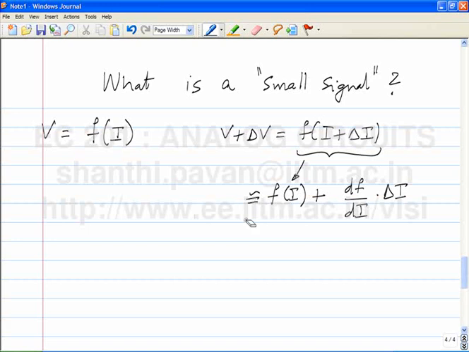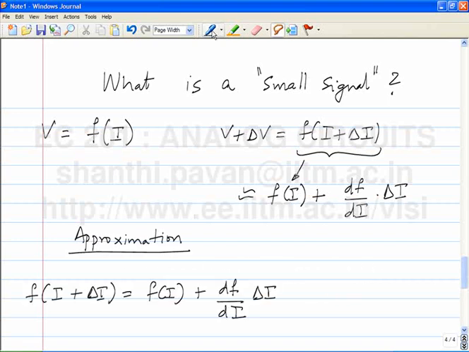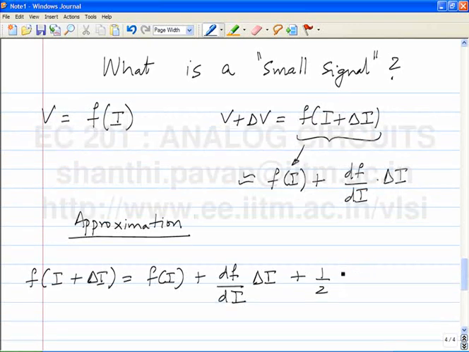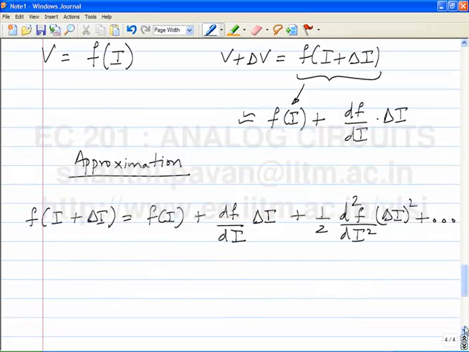So we have approximated this as the following. This is only true with this approximation. So what is it in reality? What is f of I plus delta I? It is f of I plus df by dI times delta I plus 1 by 2 factorial d square f by dI square times delta I square plus and so on.